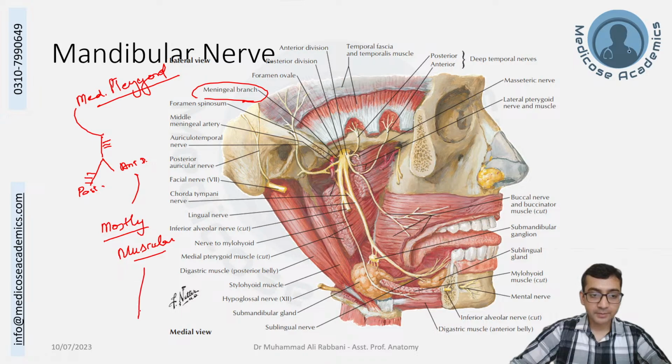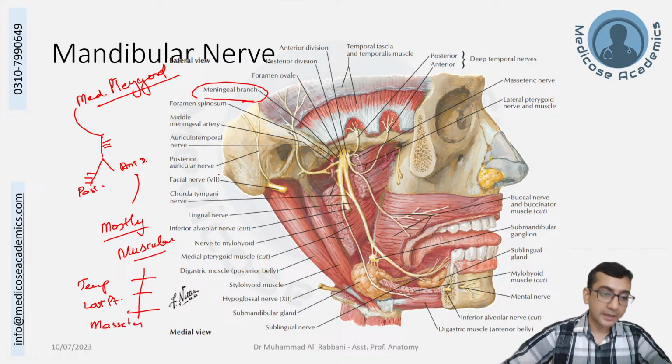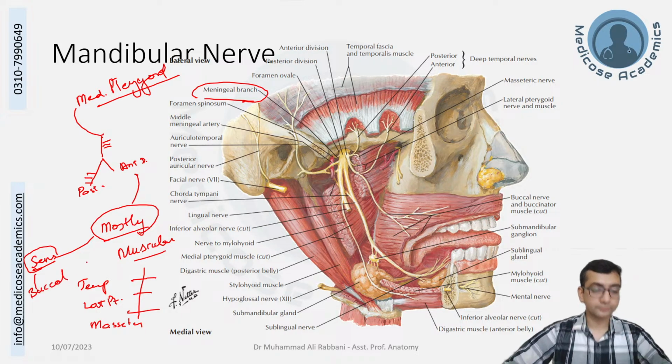We are left with three muscles: temporalis, lateral pterygoid, and masseter. Again, the word mostly I used, there is one sensory nerve also, and that will be the buccal nerve.